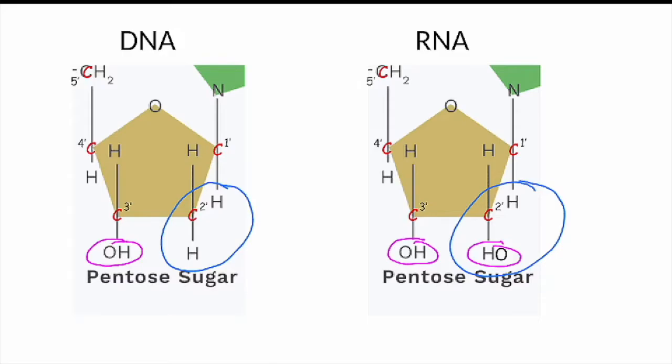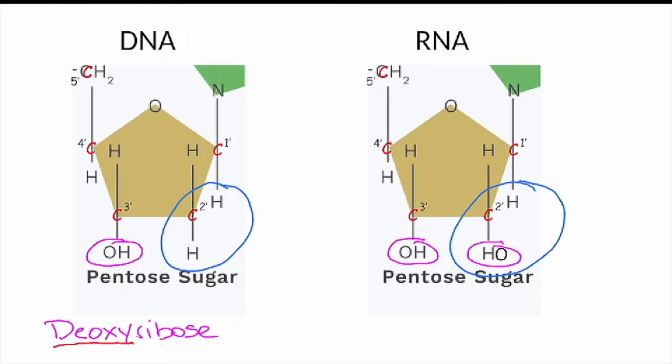So in DNA, that oxygen is missing compared to the sugar in RNA. The O denotes oxygen. So this is where this sugar gets its name. In DNA, this is deoxyribose sugar. That's the name of this sugar. Deoxyribose. And so look here, deoxy.